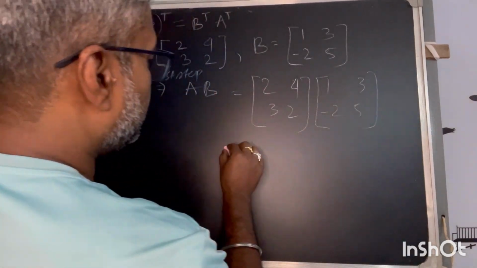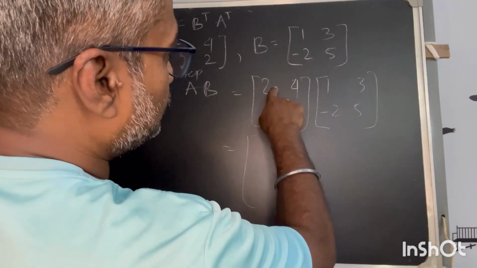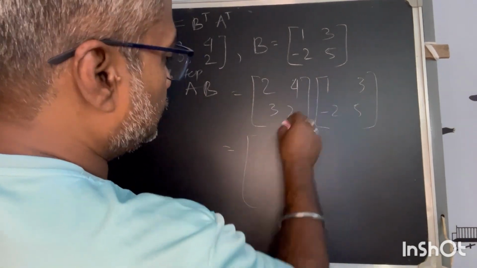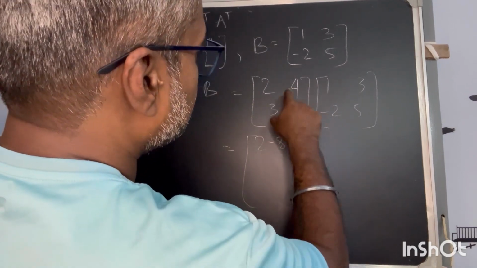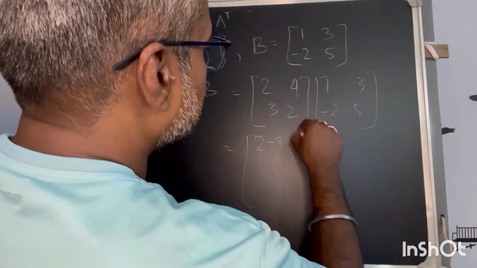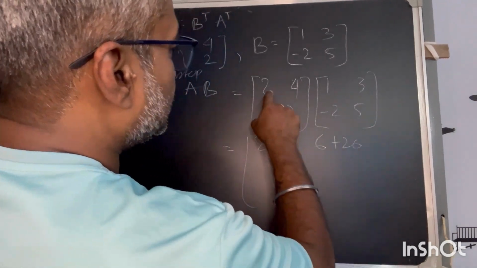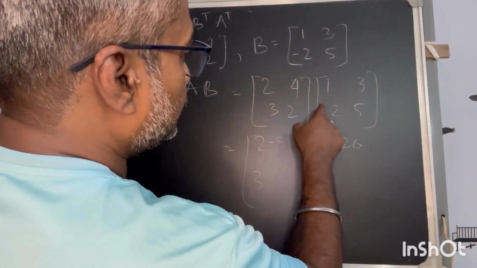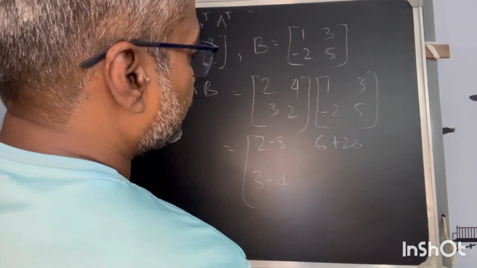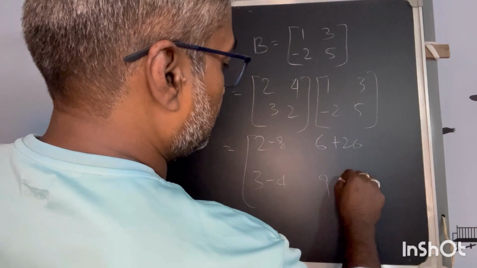Now multiply row by column: 2 into 1 is 2, 4 into -2 is -8, 2 into 3 is 6, 4 into 5 is 20. Then the second row: 3 into 1 is 3, 2 into -2 is -4, 3 into 3 is 9, and plus 10.